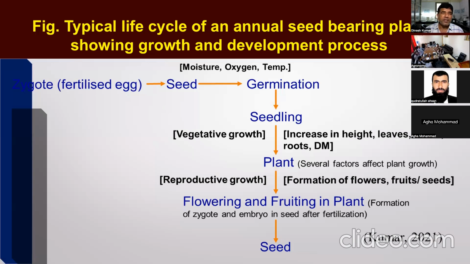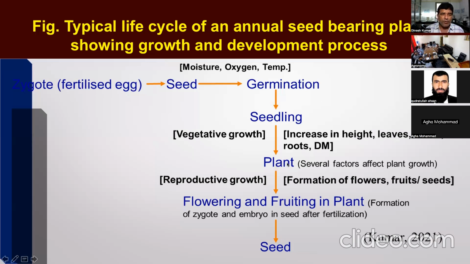Here you can measure the leaf area index to see how much growth there is in the leaves, how much increase in leaf area, or the number of leaves can also be counted. Here we can also count the branches. So this is important for agronomy students. This is studying the growth parameters.